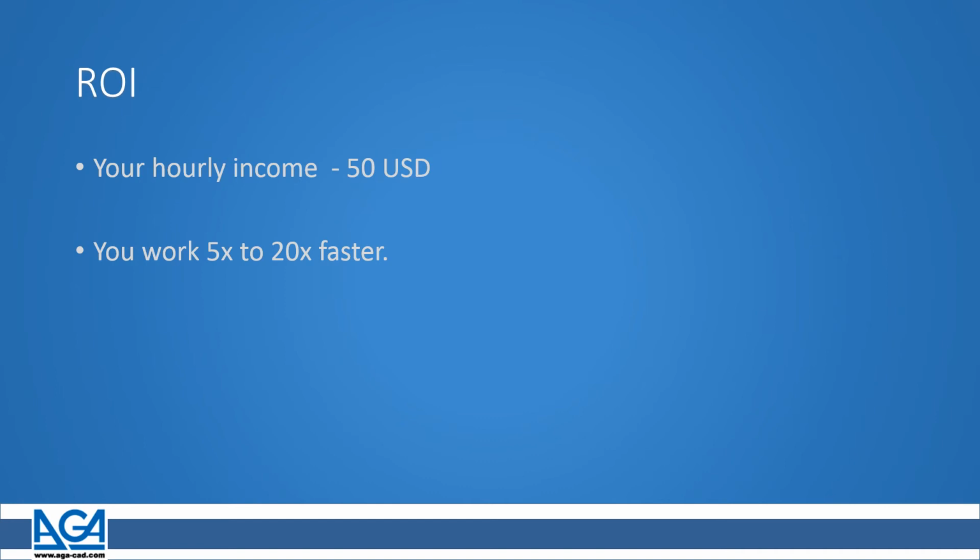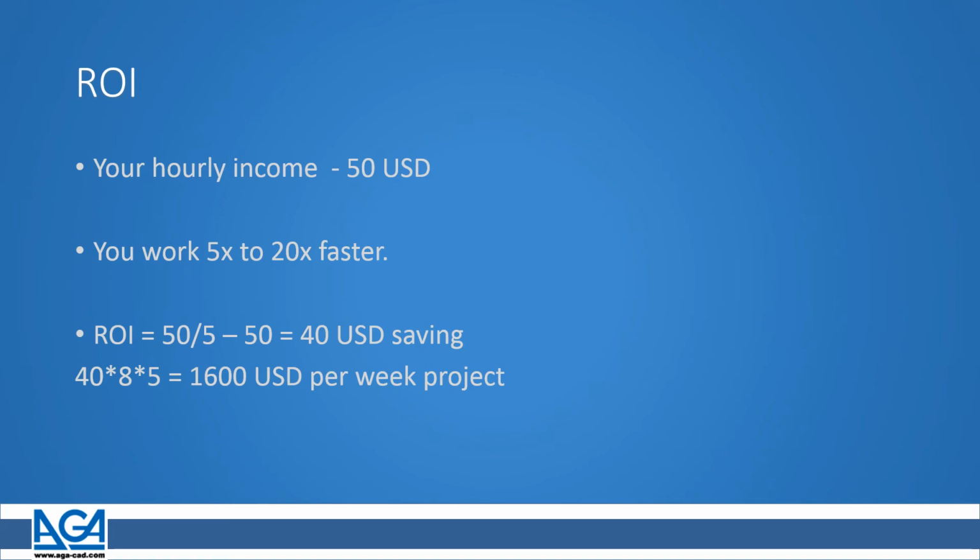Talking about the return on investment, let's say I might inflate a little bit, but if your hourly income is 50 bucks, and we calculated that you work from 5 to 20 times faster with smart hangers, it is very easy to calculate that you save $40 per hour, and it's $1,600 per week per project.